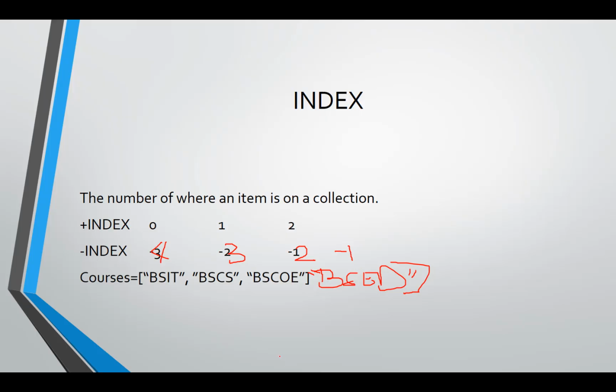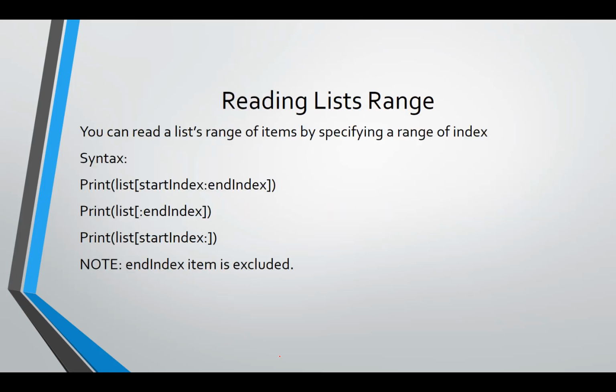Gonna run this one here, BSCOE and BSIT. Next, you have reading a list's range. You can read a list's range of items by specifying a range of indexes. Here is the syntax: print, then list, open and close bracket, with the start index, colon, and then end index.